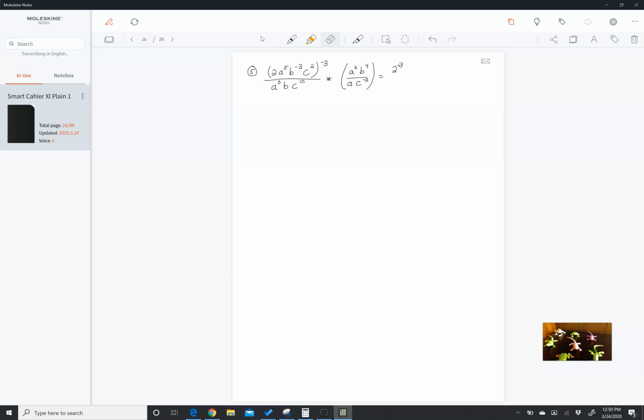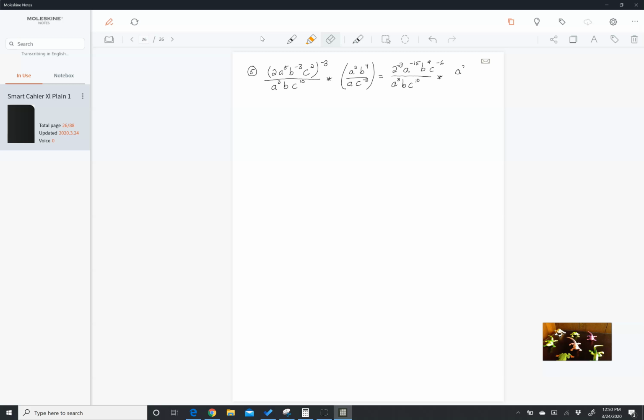Okay, so 2 to the -3. Then we can just multiply exponents as usual. So we have a to the -15, b to the +9, c to the -6th, over a cubed, b, c to the 10th.